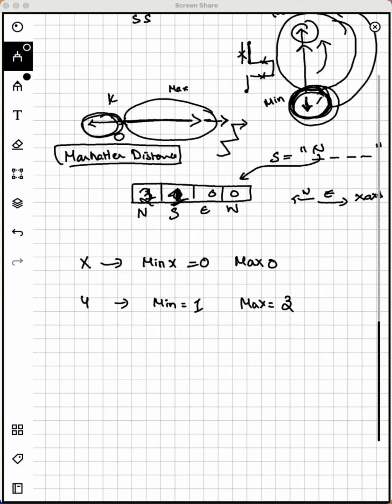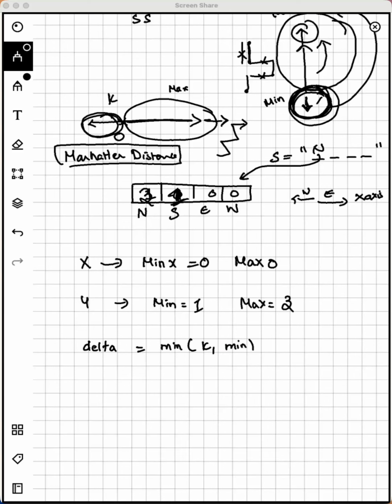So what I'm going to do is find how much I can adjust. I'm going to find a delta, which is going to be the minimum of the current k capacity that it holds and the current minimum.